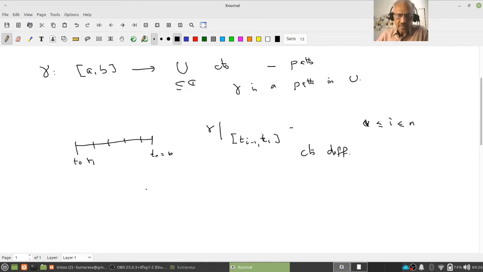What does it mean? Gamma prime t exists and t going to gamma prime t is continuous on each of the intervals [t(i-1), t(i)].